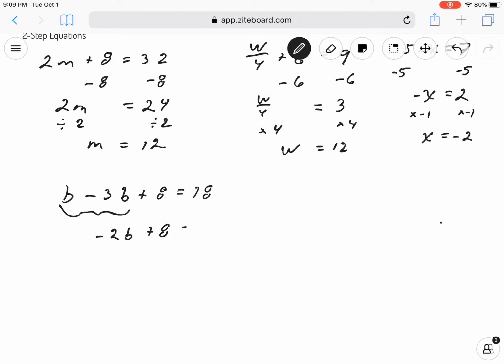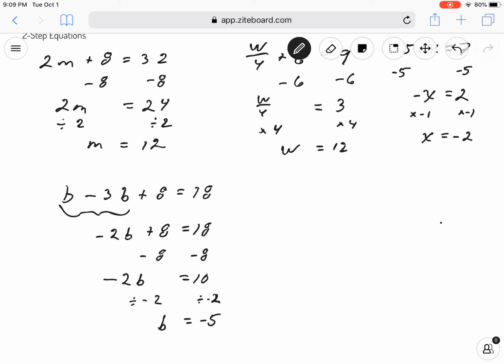And then we have plus 8 equals 18. And now we can do what we just did before, where we subtract 8 from both sides. So that leaves me with negative 2b equals 10. We now divide by negative 2. And that gives me b equals -5.